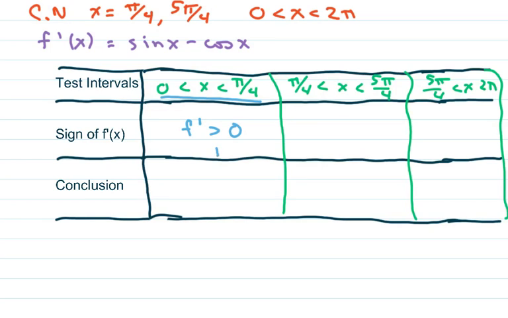For this one, when you plug in, say, 3 pi over 4, this is going to end up being negative. And then when you plug in, say, 7 pi over 4, you would also get a positive number.